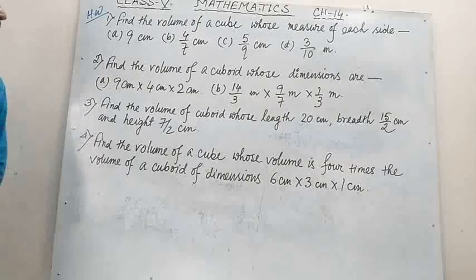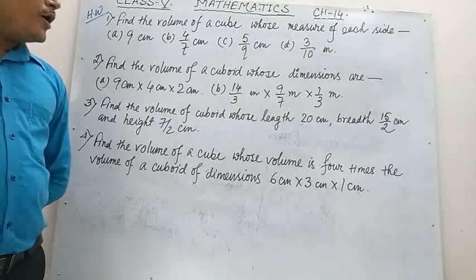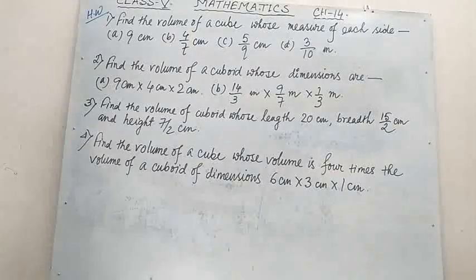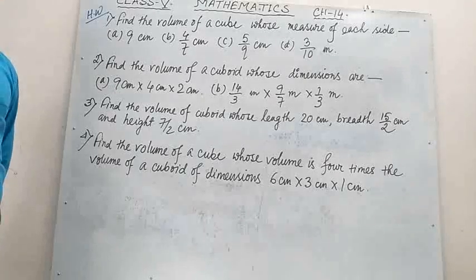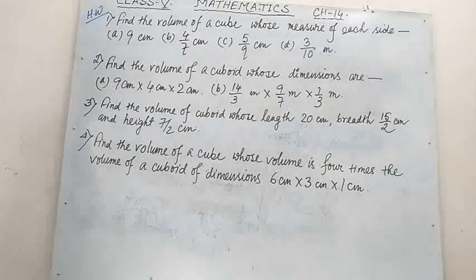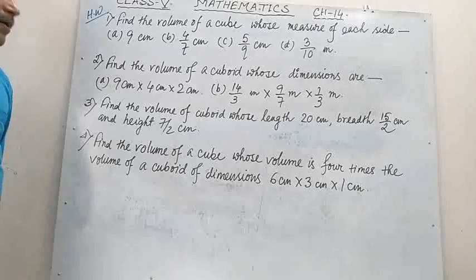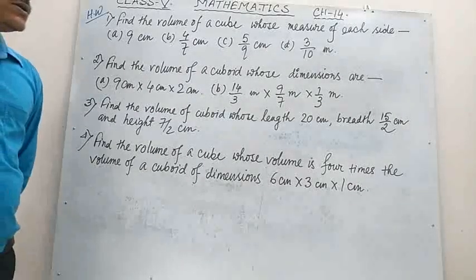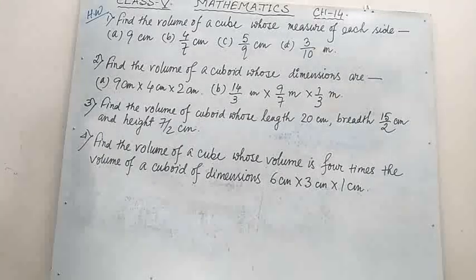Number 3. Find the volume of cuboid whose length is 20 centimeter, breadth 15 by 2 centimeter and height 7 by 2 centimeter. Number 4. Find the volume of a cube whose volume is 4 times the volume of a cuboid of dimensions 6 centimeter into 3 centimeter into 1 centimeter.